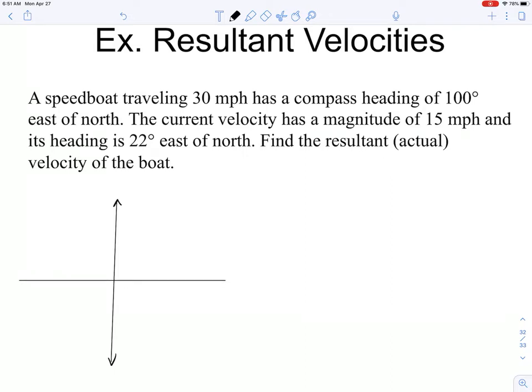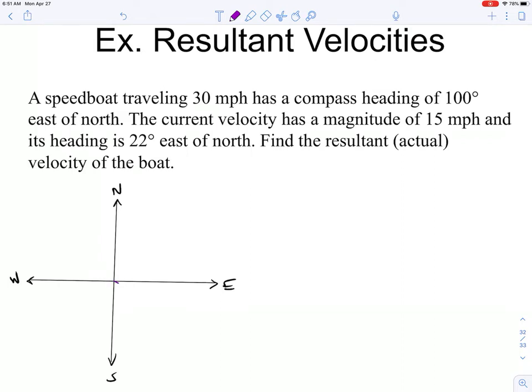Let's draw the picture again here of the vectors that we're given information about. Vector quantities. North, south, west, east. Okay, so this speedboat is traveling 30 miles per hour. That's what the speedometer would read.